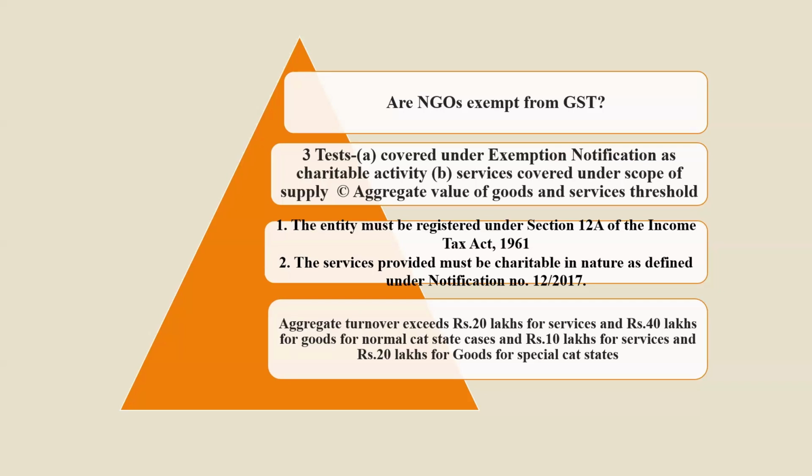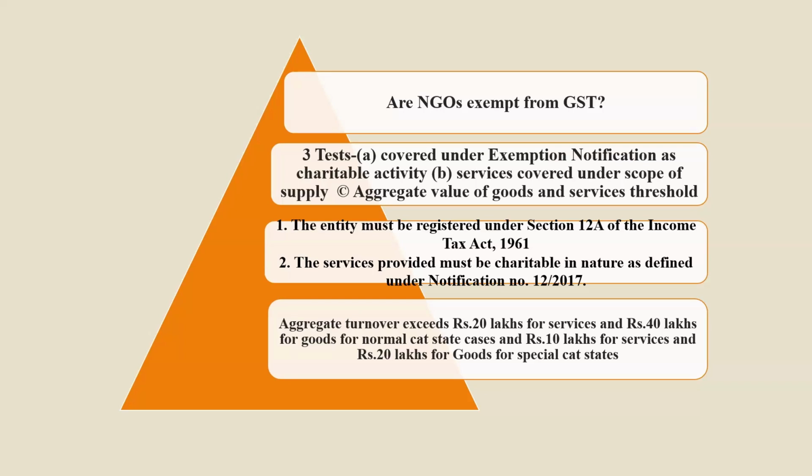What does it mean? Supply of goods and services, for a consideration, and in the course or furtherance of business. These three pointers you'll have to address in terms of the second test. We have seen what those three things are.